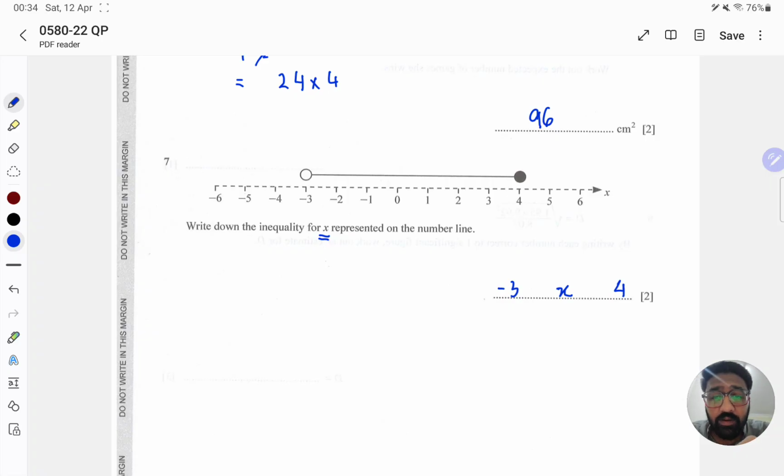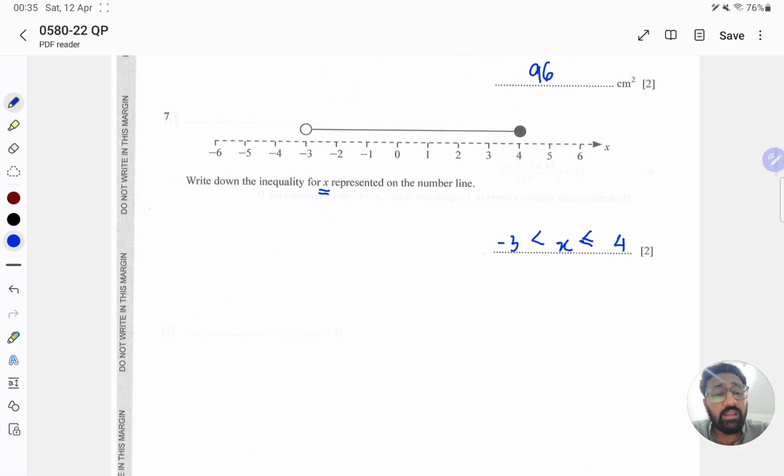If the circle on the number line is not shaded, it means that you are going to put the inequality without the equal sign, and if it is shaded, you are going to put the equal sign as well. So less than symbol over here and less than or equal symbol over here. Less than or equal means that the value 4 is also going to be part of the solution to x.